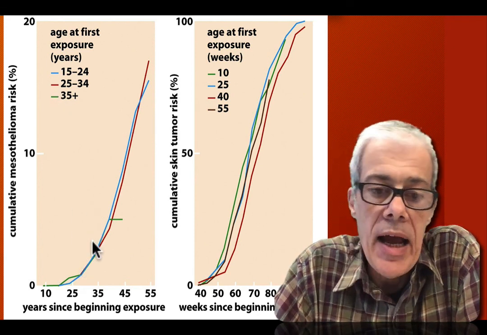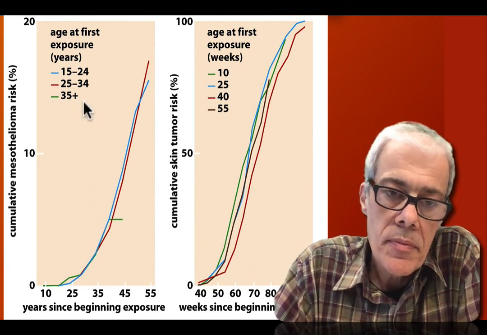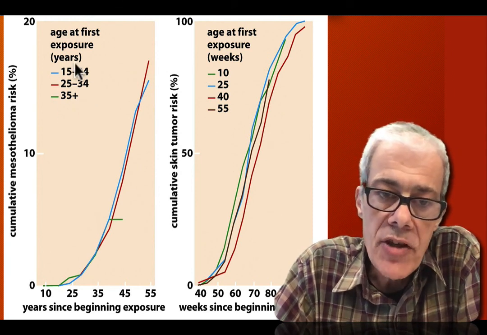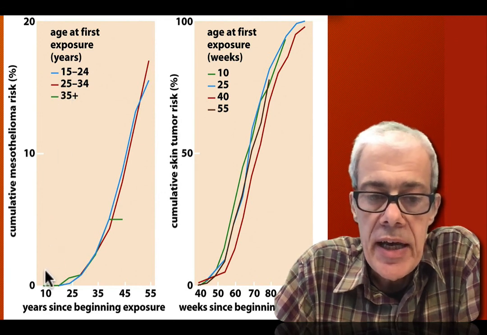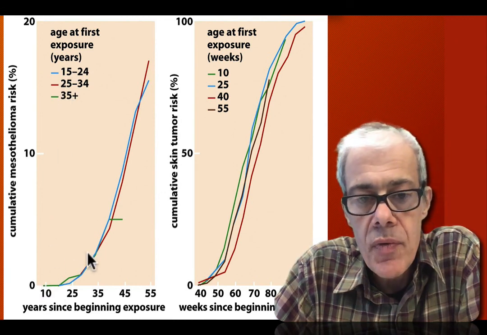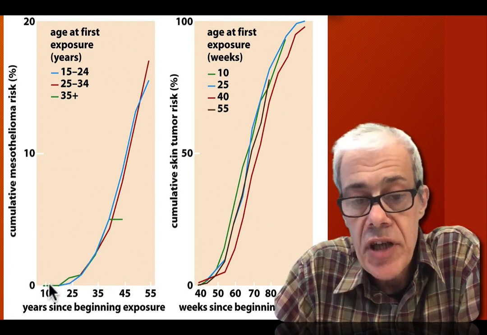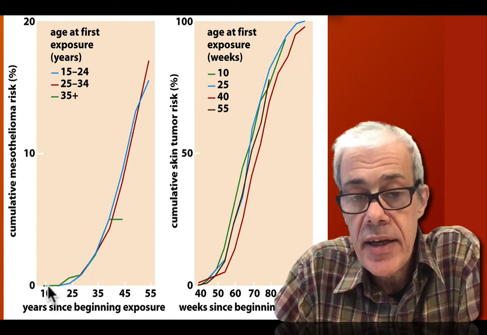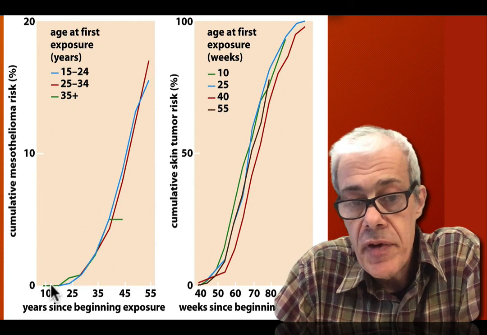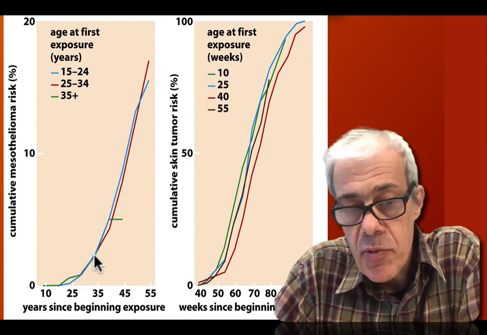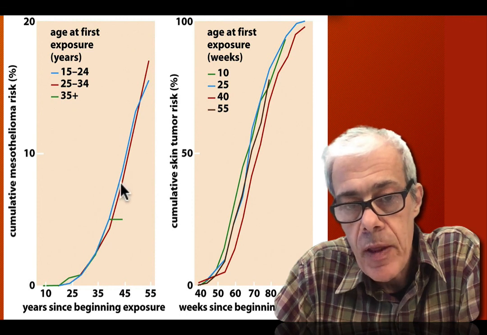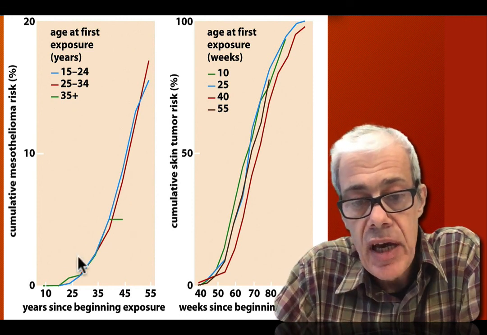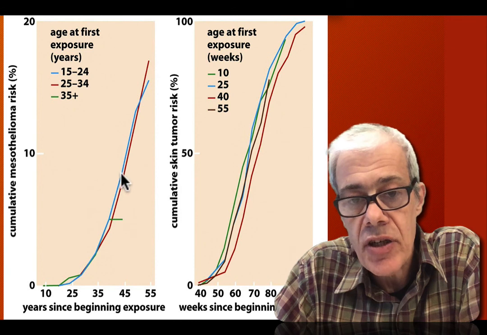Okay, and for either age group, age is not a factor, because if you plot the data relative to the time of being first exposed, a 15-year-old after being exposed, with these repeated exposures, has the same rate of accumulation leading to cancer as a 35-year-old.